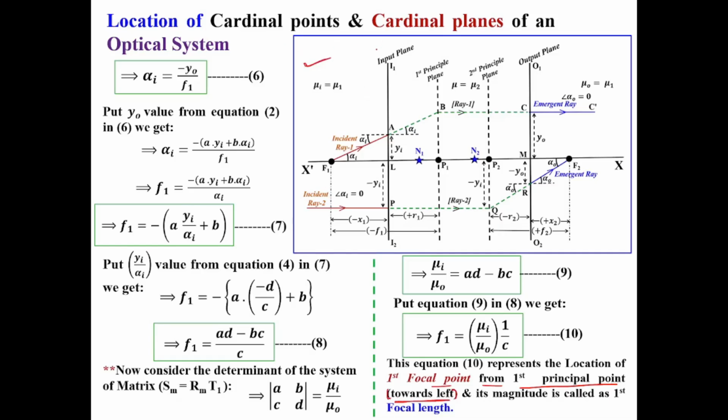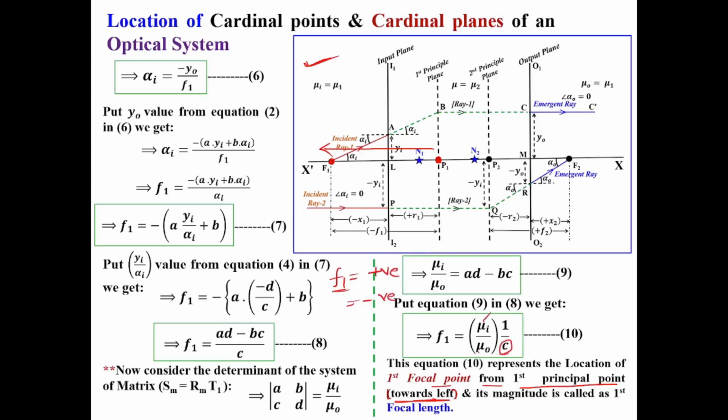So for this figure, F1 is situated left of the P1 point, the first principal point. So only for that I wrote towards left in brackets. But actually for any arbitrary optical system which we consider, this F1 may be positive, may be negative, because this F1 depends upon this C value.